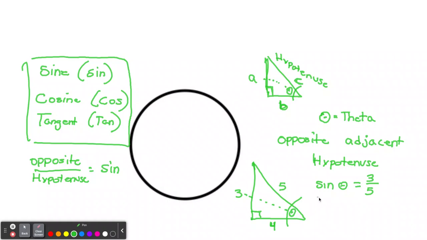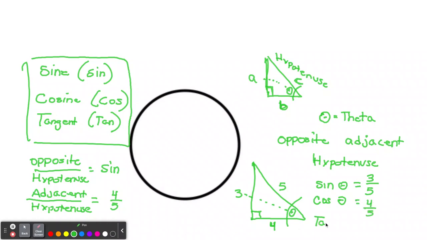Now cosine theta, we have not opposite but adjacent over the hypotenuse. And if we look at theta here, adjacent to it is 4 and the hypotenuse is 5. So cosine is adjacent over hypotenuse, so that'll be 4 over 5.